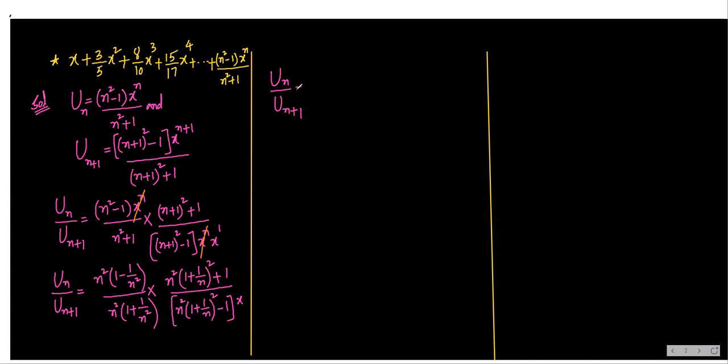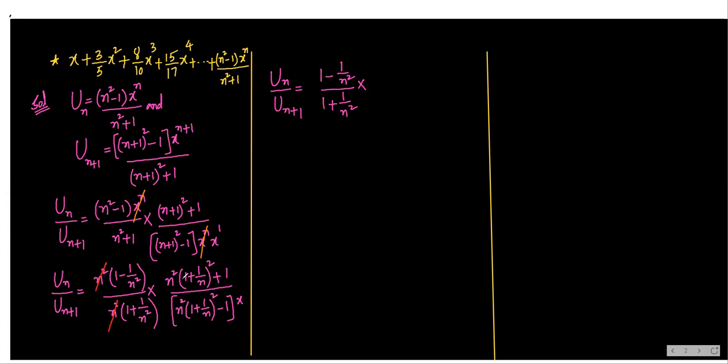Un by un plus 1 is equal to, now once again these two terms are cancelled, and in this part what is left is (1 minus 1 by n square) divided by (1 plus 1 by n square). Don't try to cancel it, these are different terms.